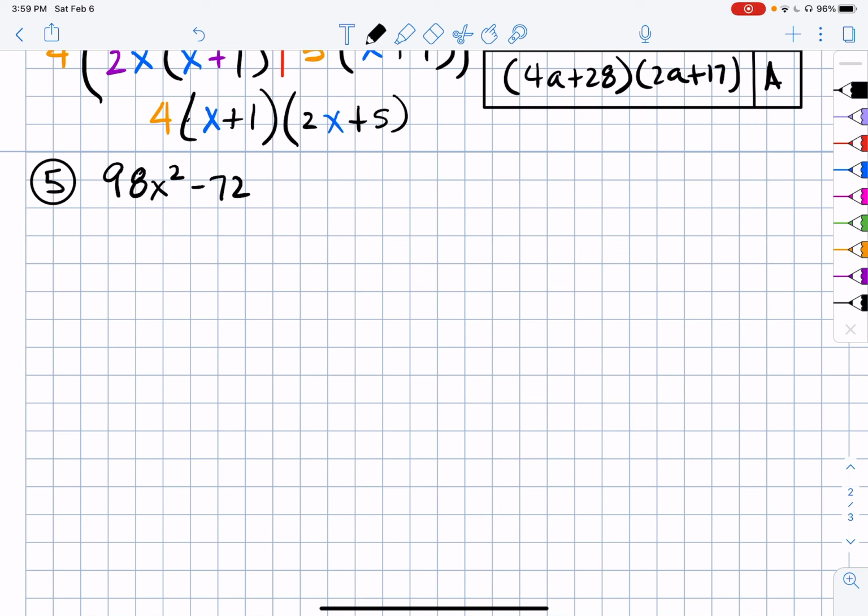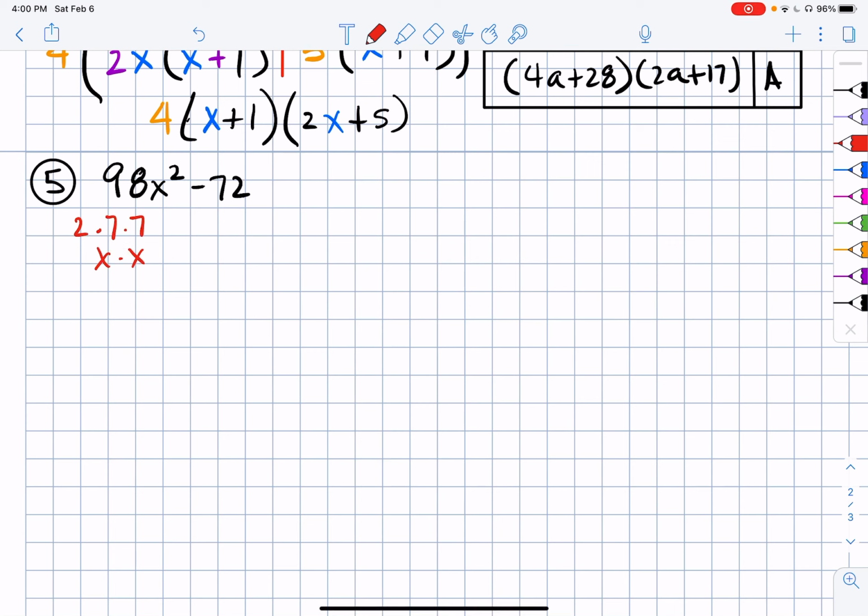Okay. So step number 1 is GCF. So I take 98 divided by 2, 49, 7 times 7. So 98 is 2 times 7 times 7 times x squared.